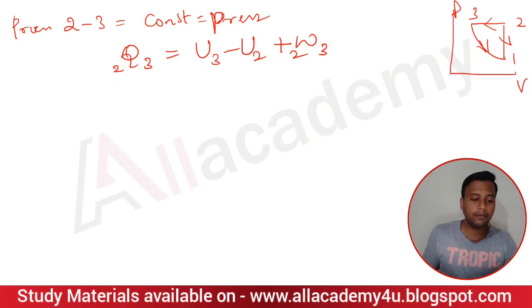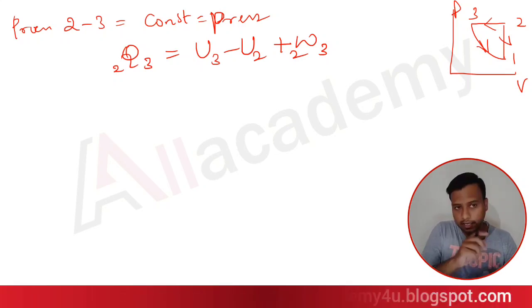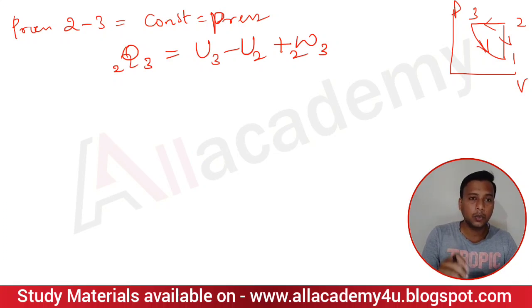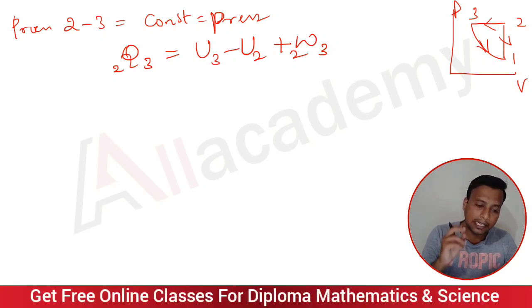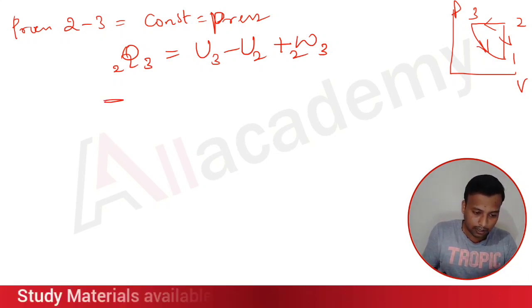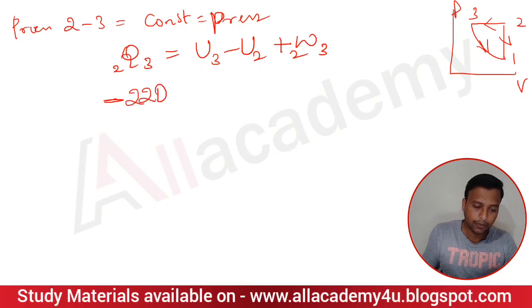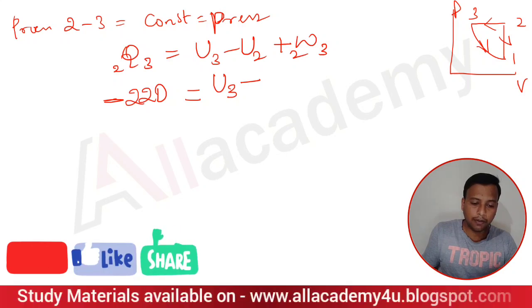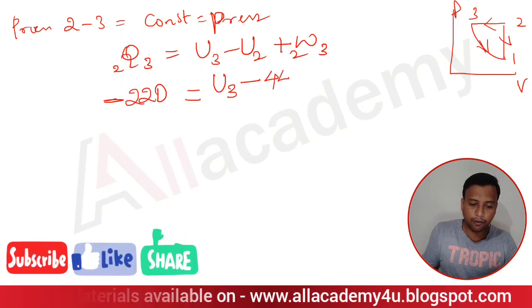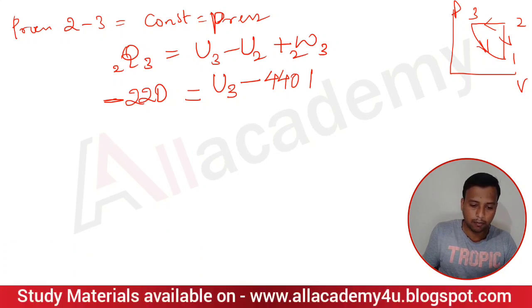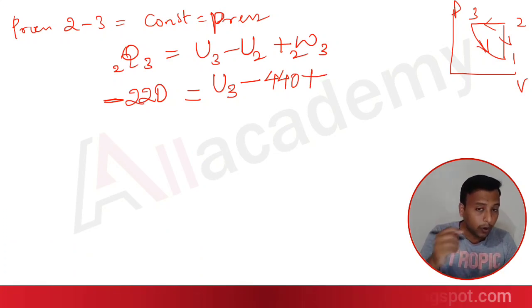In the statement it is clearly given that 220 kilojoules of heat is rejected, so I have to consider this as minus 220 kilojoules. Now U3 is unknown, but U2 we have already identified, that is 440 kilojoules, plus work, which is also given.